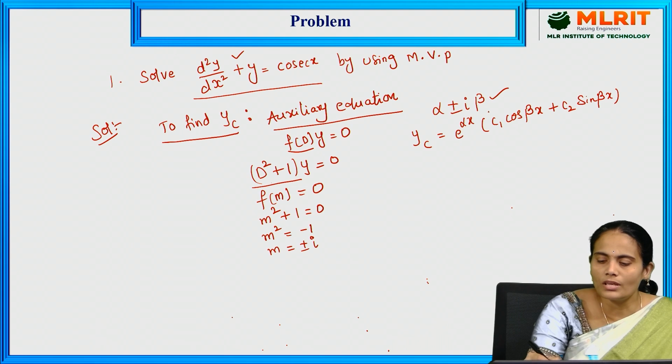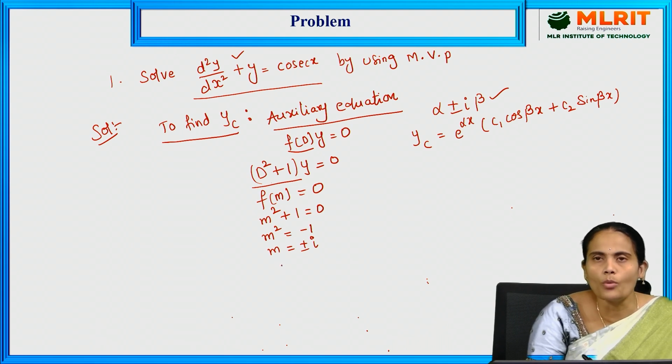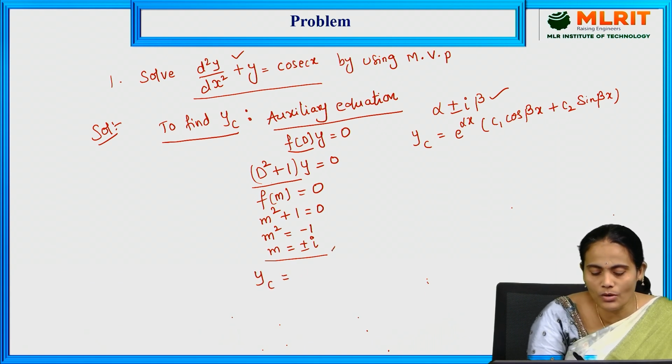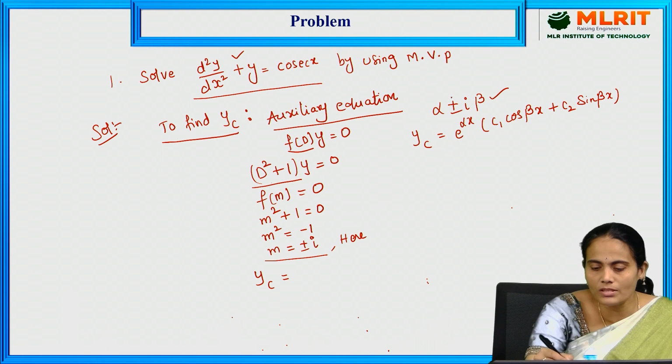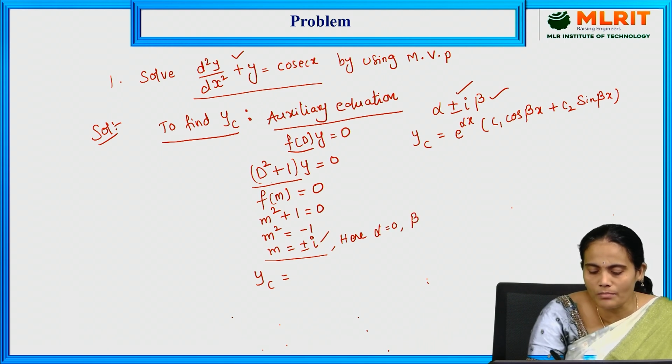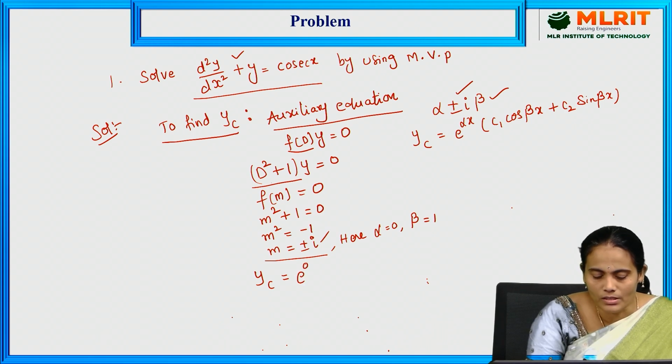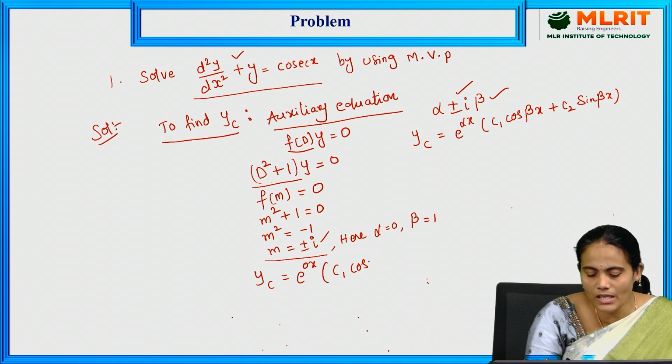Likewise, we write the complementary function for these roots. Here alpha is equal to 0 and beta is equal to 1, if you just compare. So e power 0x into c1 cos x plus c2 sin x.